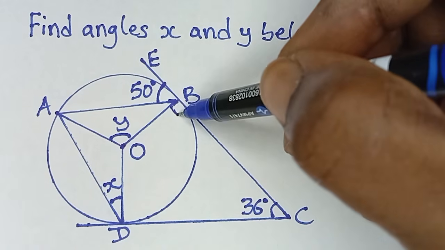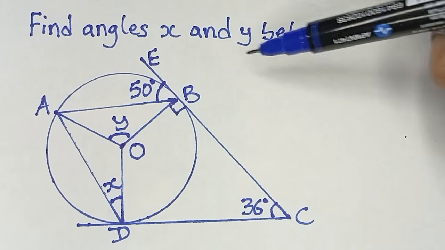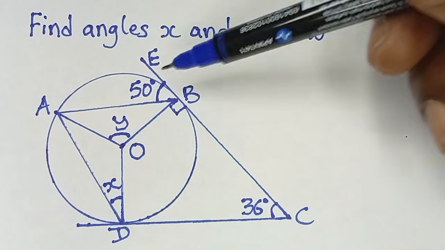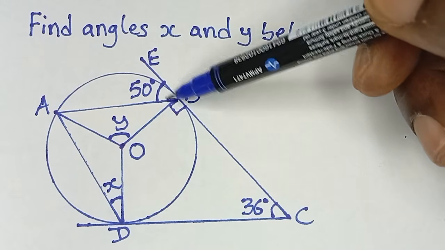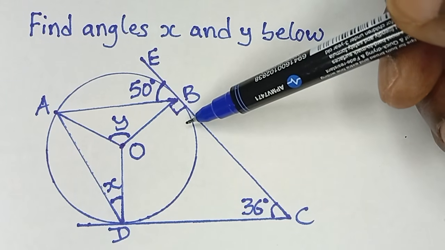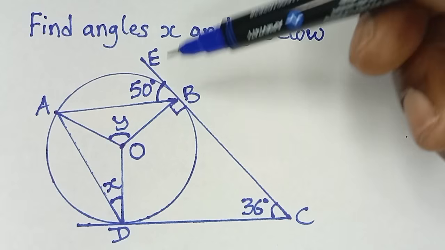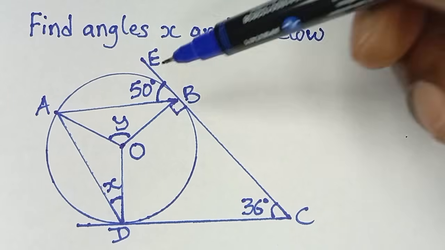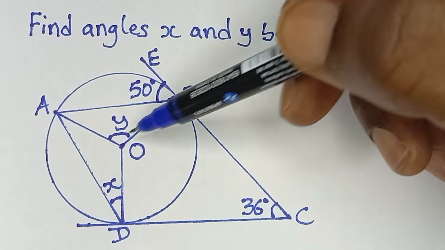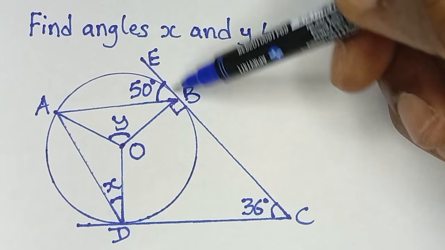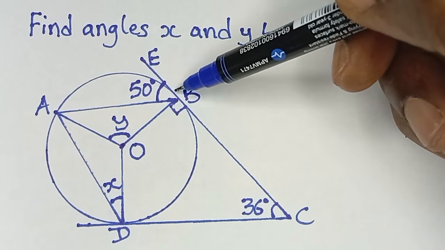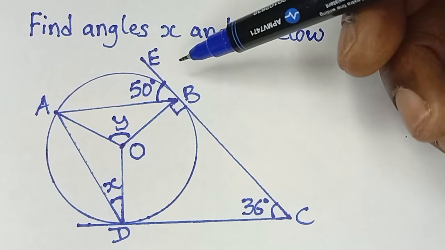That is, the angle between them is 90 degrees. So if this is 90 degrees, it means this side is also 90 degrees because the sum of angles on a straight line is 180 degrees. So this is 90 and this is 90. So when a radius meets a tangent, the angle between the radius and the tangent is 90 degrees.